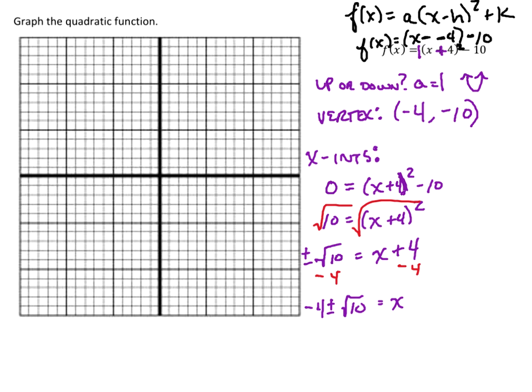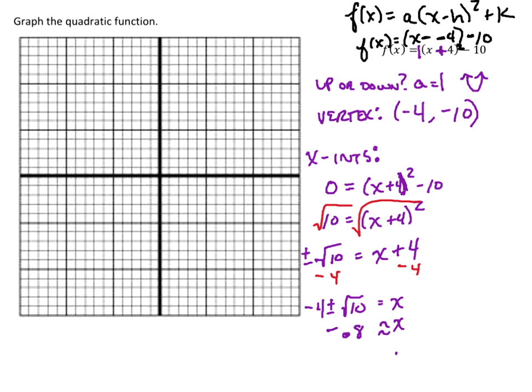Okay, so negative 4 plus the square root of 10 is approximately, let's see, I lost my calculator, there it is, negative 0.8, so not quite negative 1.